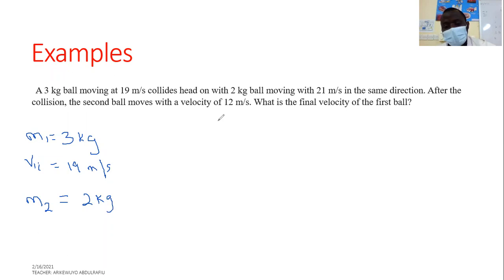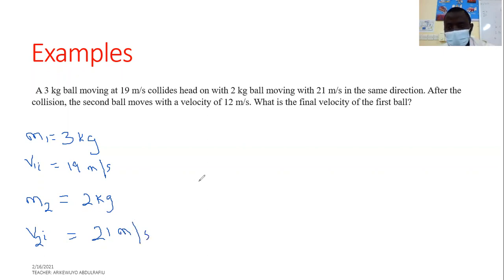And that ball is moving with a speed of 21 meters per second. So the second ball is moving, that's v2 initial. v2 initial is 21 meters per second. Are you following? These are the values before they collide.